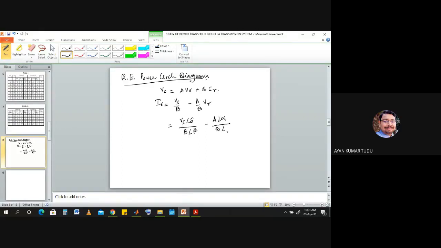So we can write Vs by B angle delta minus beta, and A by B into VR angle alpha minus beta. So IR conjugate would be Vs by B angle beta minus delta minus A VR by B angle beta minus alpha.